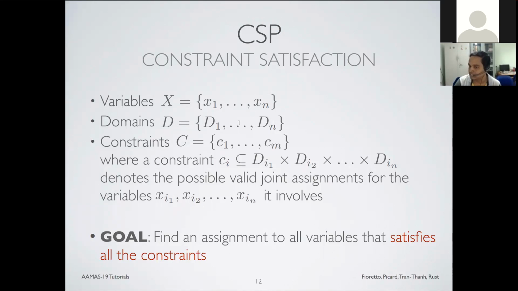So x1 can choose any of the values from the domain north, south, east, west. Similarly, x3 can choose north, south, east, west. x5 can choose any of these, north, south, east, west.